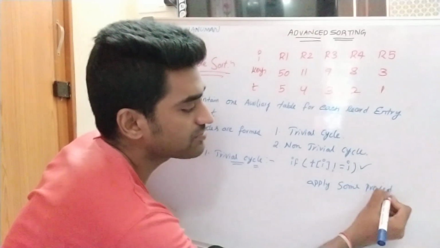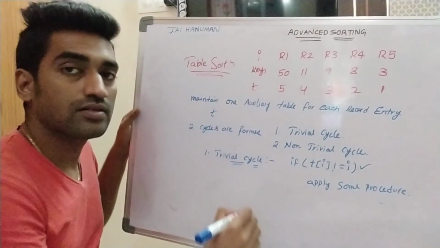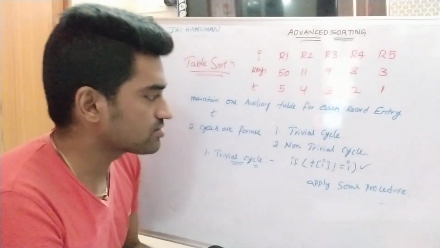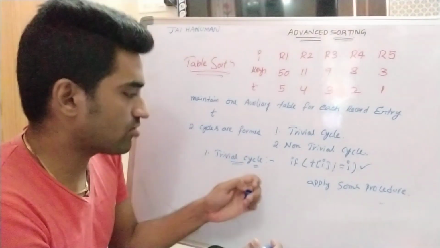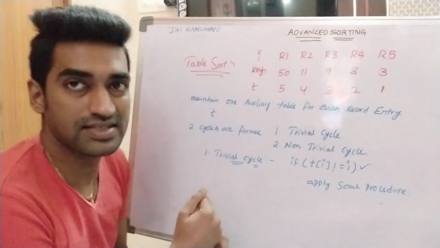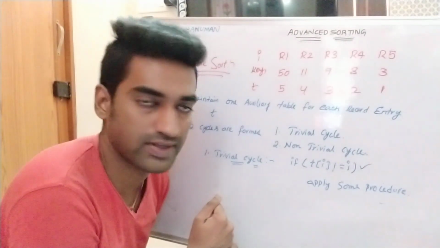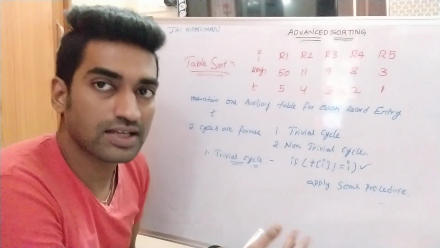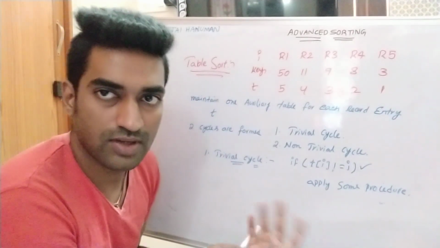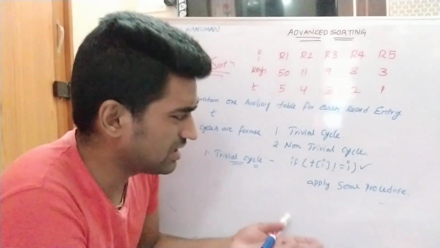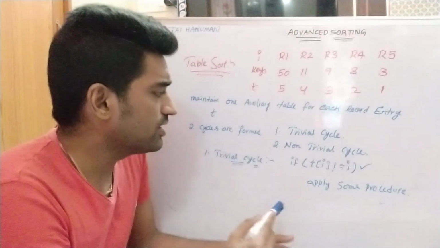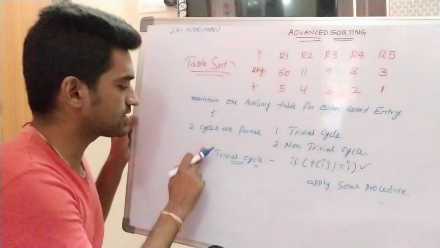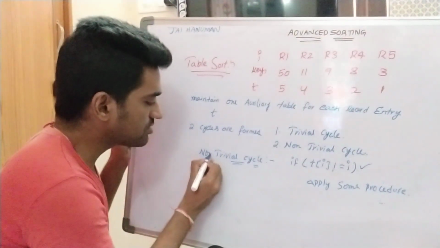Then we can swap the elements in the list, right? So these are the two major operations in table sort: the trivial cycle and the non-trivial cycle. In the trivial cycle, if T of I is equal to I, we do not specify any procedure. Coming to the non-trivial cycle, what is the condition?